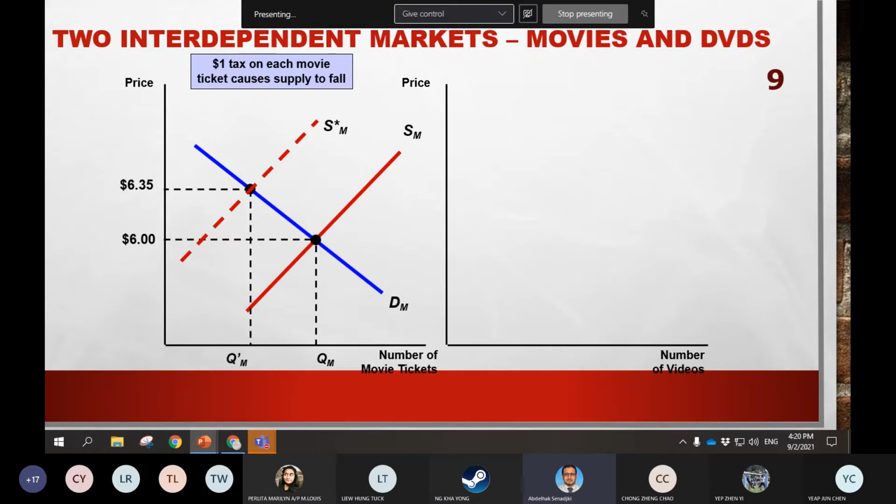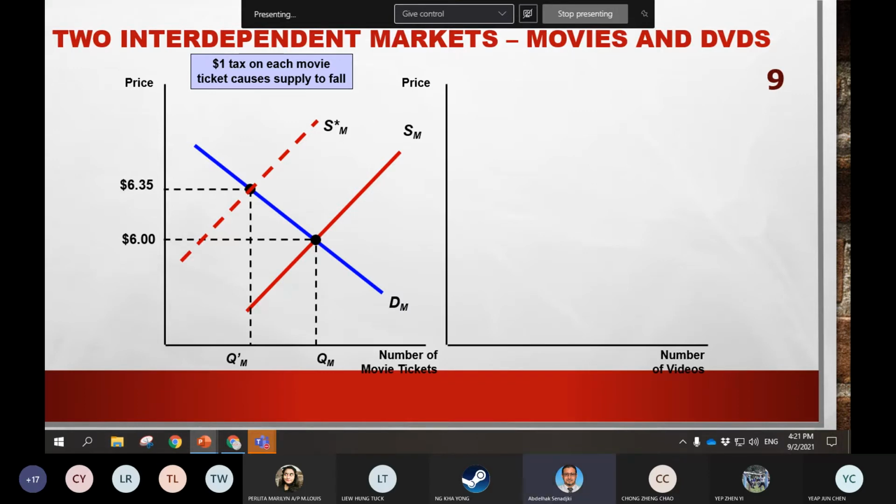Therefore, we have a new equilibrium, Q prime M, where the price is 6.35. So this is what we did before and stopped. We say that once the government imposed a $1 tax, the price of the movie ticket increased from 6 to 6.35, and the quantity decreased from QM to Q prime M.